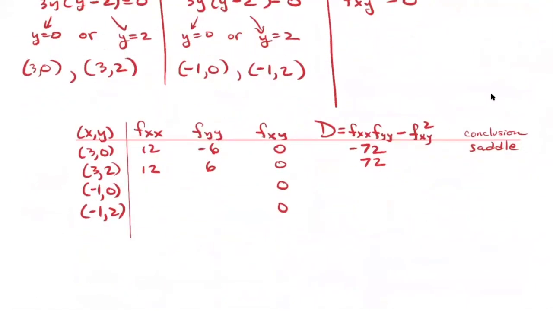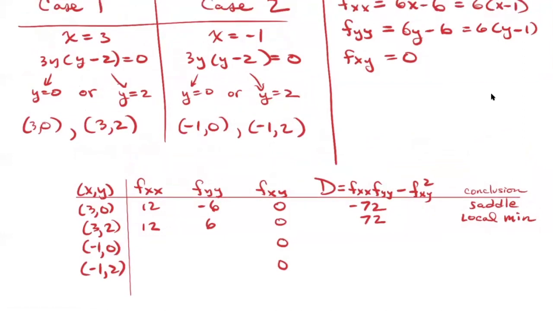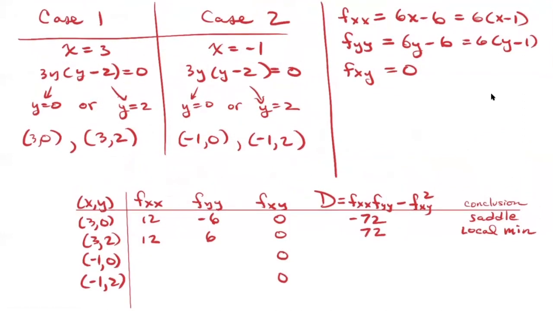Next one, (negative 1, 0) is the point. fxx is 6 times negative 1 minus 6, which I think is negative 12. y is 0, and fyy will be 6 times 0 minus 6, which is negative 6. We get a positive 72 again.